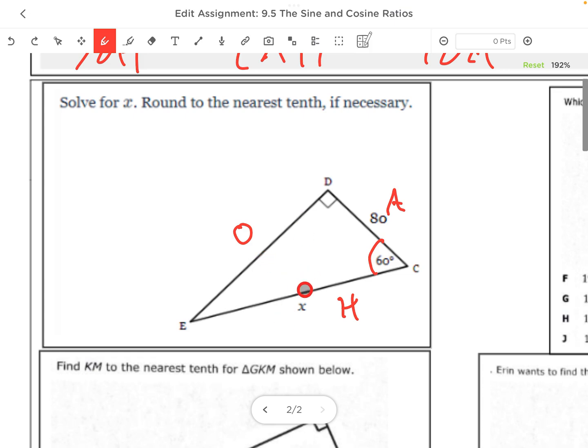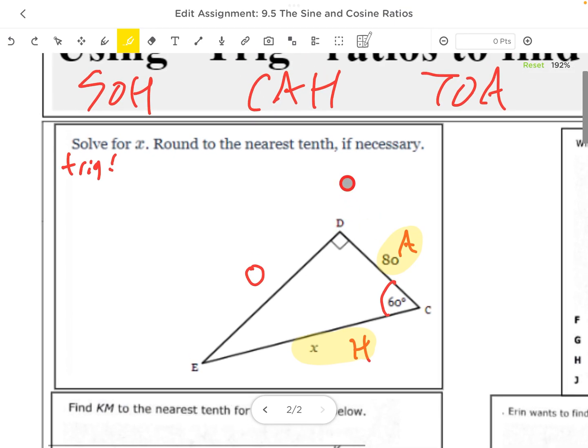If I'm trying to find a side length, I can use trig. So let's look at what we're working with: the adjacent side and the hypotenuse. Adjacent and hypotenuse tells us cosine.